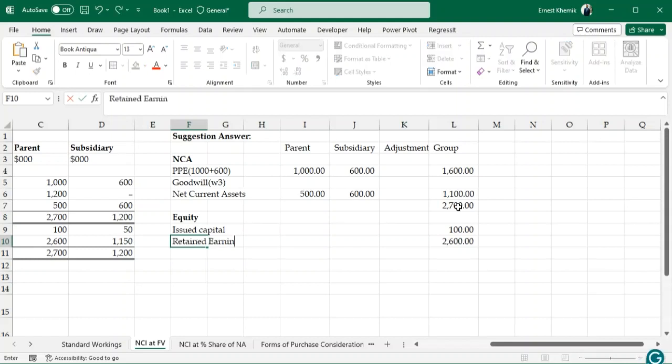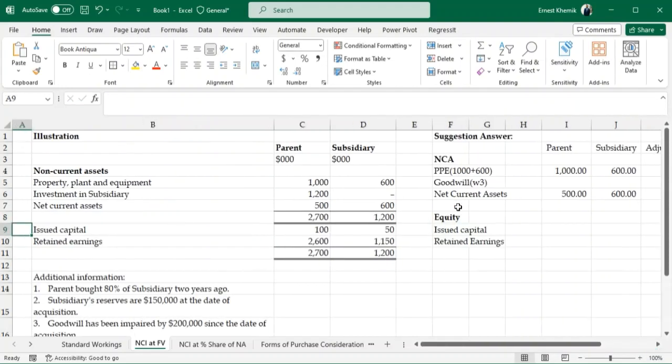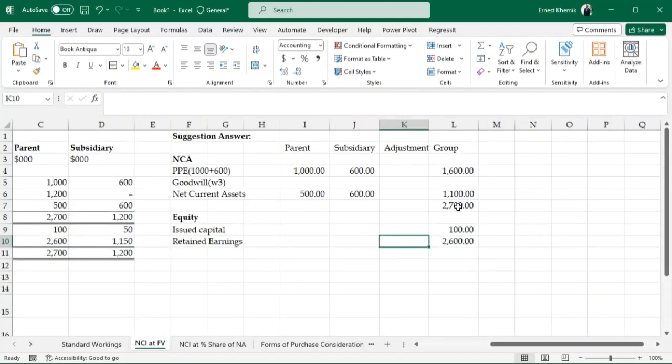for our retained earnings. So let me just name it retained earnings. I'm taking my time to explain all of this to you because we are going to enter into complications. So if you don't understand the basics, then you become confused. Okay, that is why I'm taking my time to explain all of this. So the non-controlling interest value is also part of the equity portion in the consolidated financial statements.